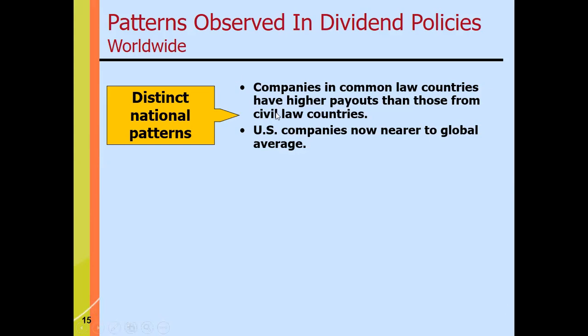If we compare the companies in common law countries, meaning there's not really, let's just say, observed law that is well established. So we have the common law there. Just a sort of FYI or tidbit of information, we need to compare a bit common law versus civil law.